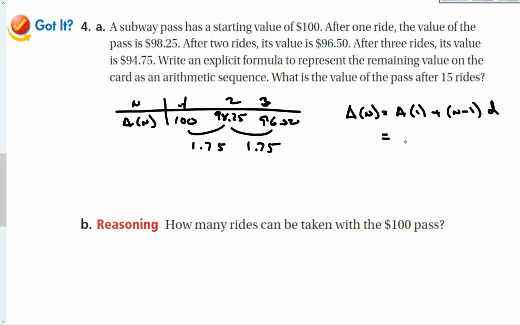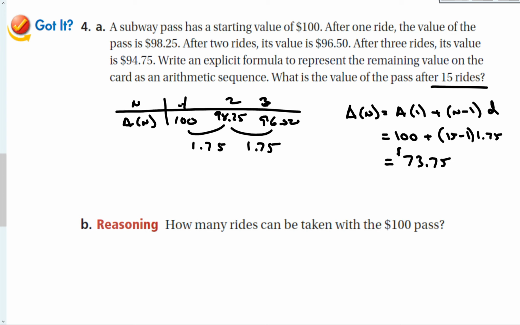So this turns into 100 plus, I wanted to find the value after 15 rides, 15 minus 1 times 1.75. Okay, use my calculator and I get 73.75.